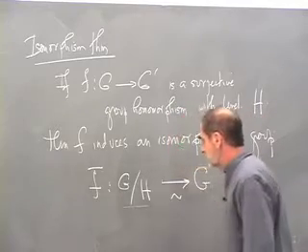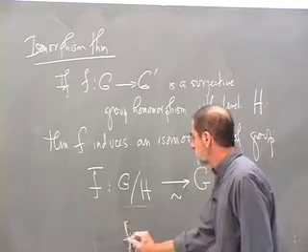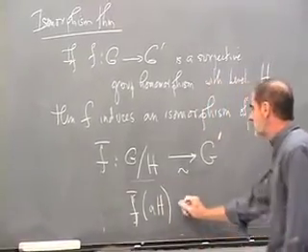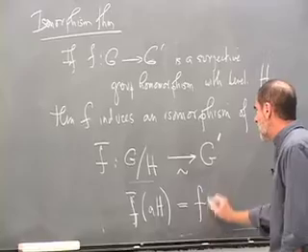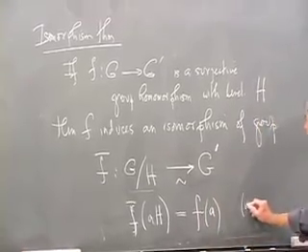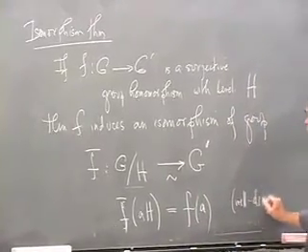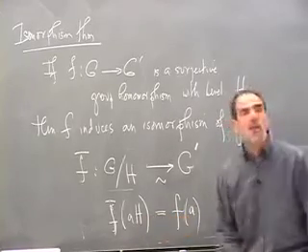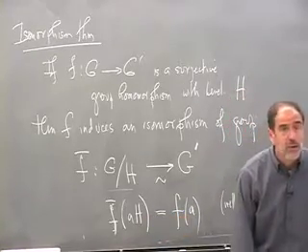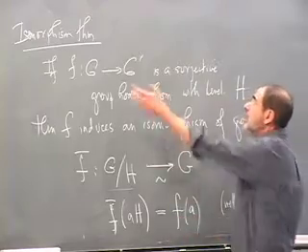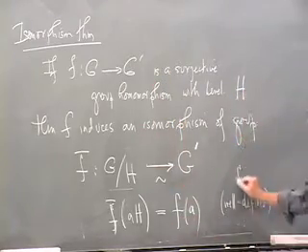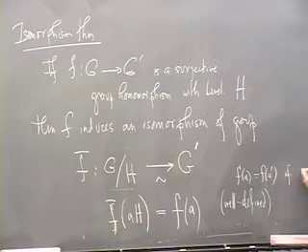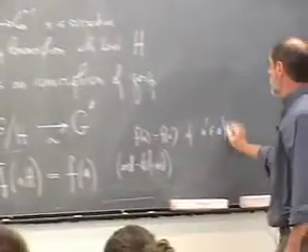And this map, f bar, of the coset aH is equal to, by definition, f of a. And you have to check that that's well defined. Namely, that the value of f is independent of what coset representative I choose. But that's just because the kernel of f is H. So f of a is equal to f of a prime if a prime is another element in aH.